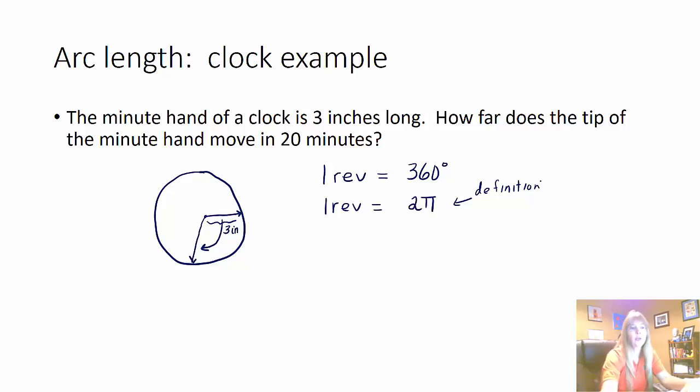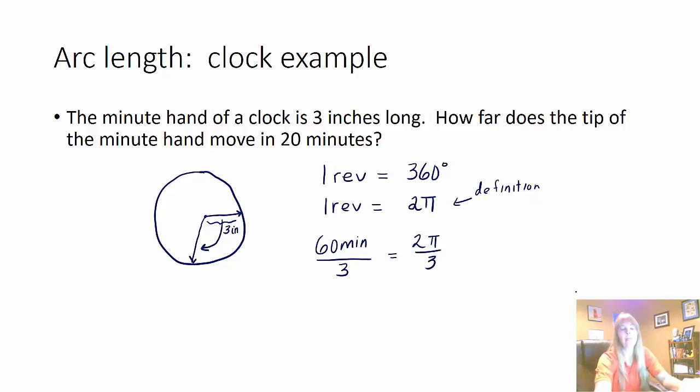Since we're talking about a clock, 1 revolution is all the way around, which is 60 minutes, and my length, the minute hand, is 3 inches. So I'm going to divide that by 3, and I do the same thing over here: I divide this by 3.